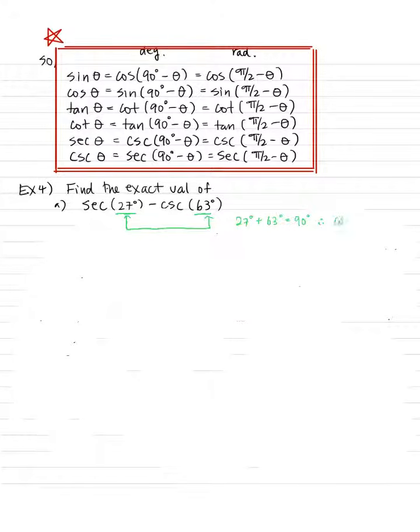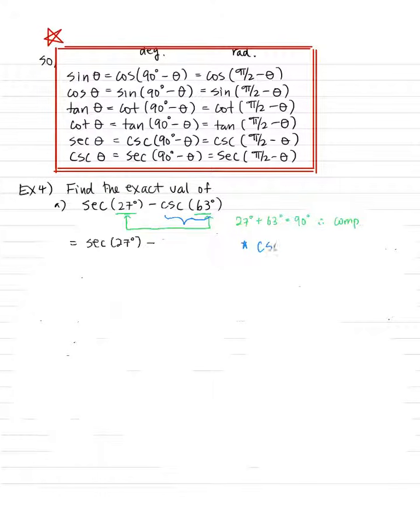So therefore, those two angles are complementary. All right, so that means what then? If I try to simplify this, let's just leave the secant of 27 degrees alone, and then let's convert cosecant of 63 degrees into its cofunction. What's the cofunction of cosecant? That's nothing but secant.